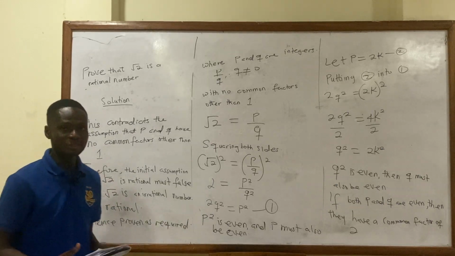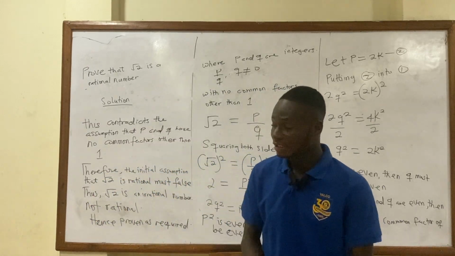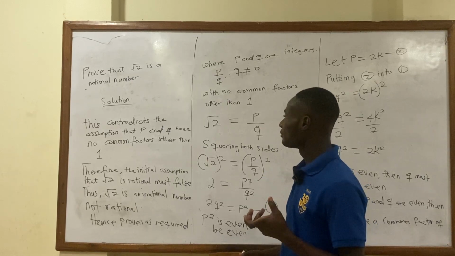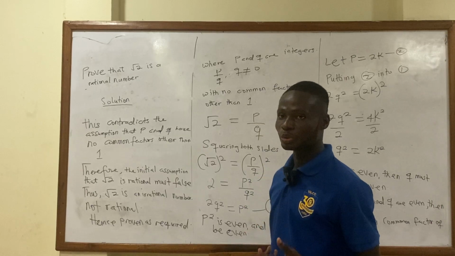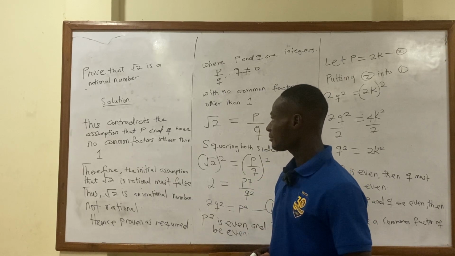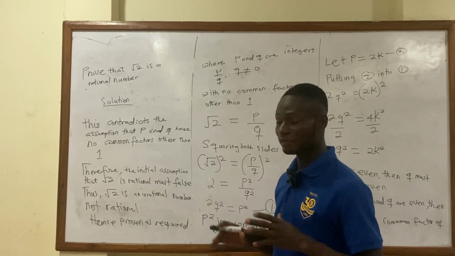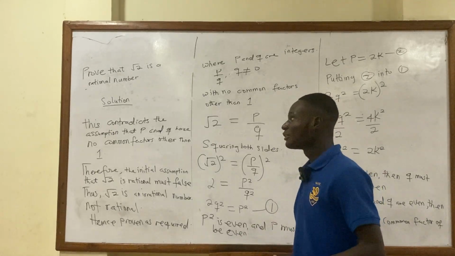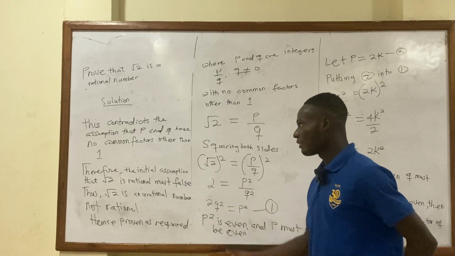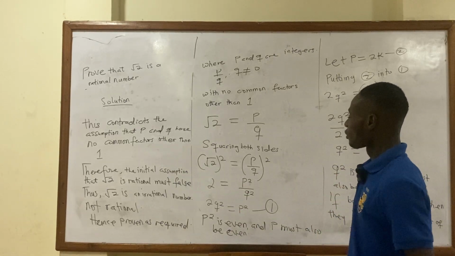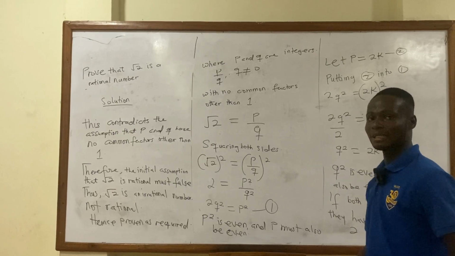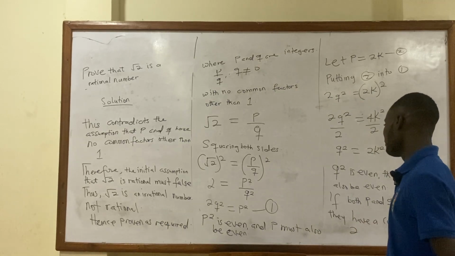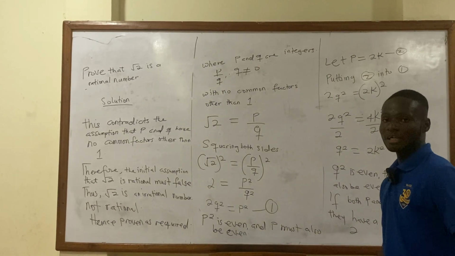All right, so this is basically how we go about such a problem or proof. First, assume that root 2 is a rational number. We already know that root 2 is an irrational number, but we want to prove it. So per our proof, since p and q are even, both have a common factor of 2.